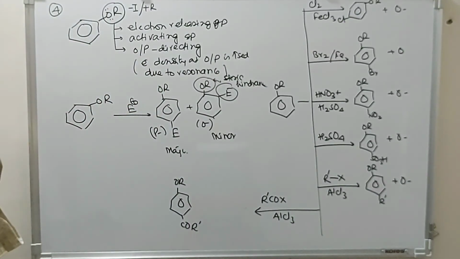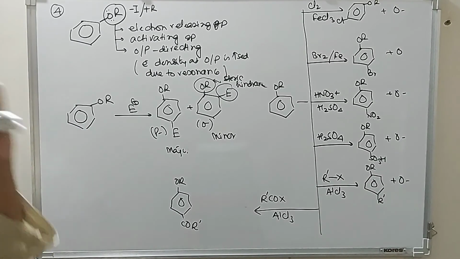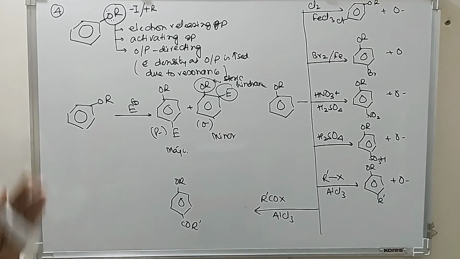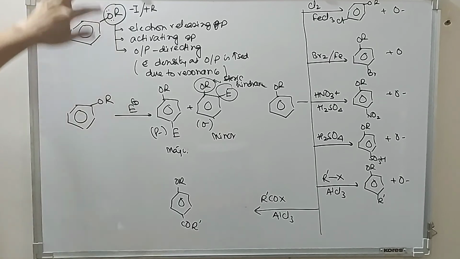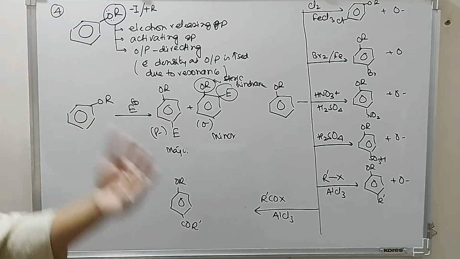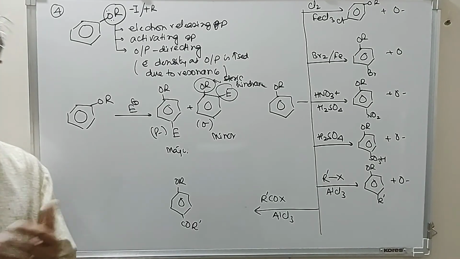All electrophilic substitution reactions will be shown by this, and the electrophile will always go to the ortho and para position. The reason being, due to this resonance, electron density at ortho and para position is increased without altering the electron density at meta position.